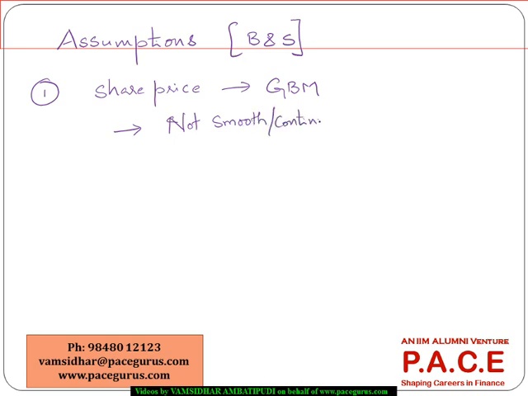Generally, the share price follows some kind of jumps. Suddenly, because of some news, there could be a sudden hike or a sudden fall in the price of the share, which means the smooth geometric Brownian motion may not be really applicable.